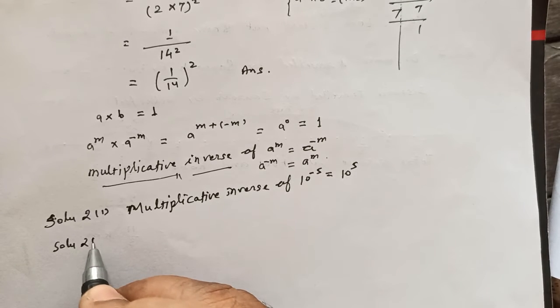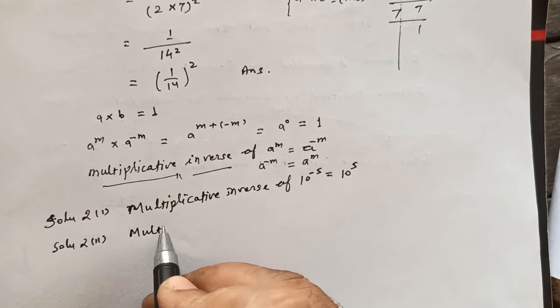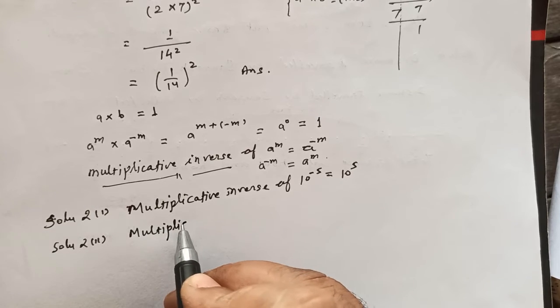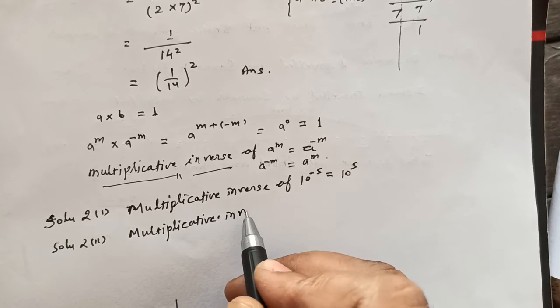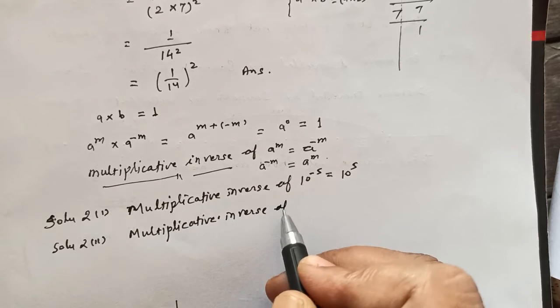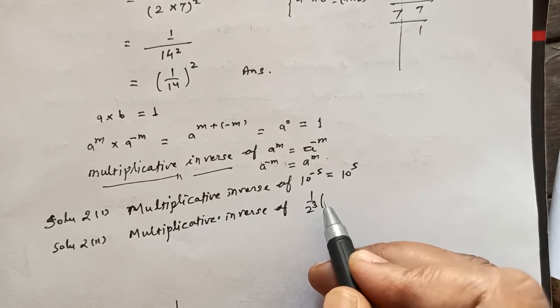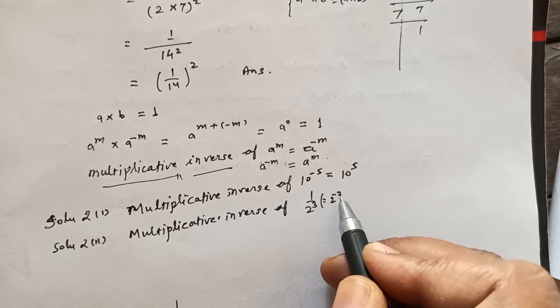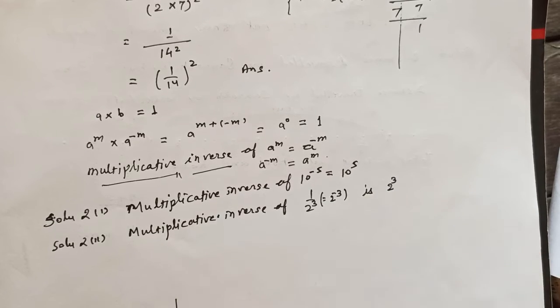Solution 2, second: multiplicative inverse of 1/2 power 3, that means 2 power minus 3, is 2 power plus 3.